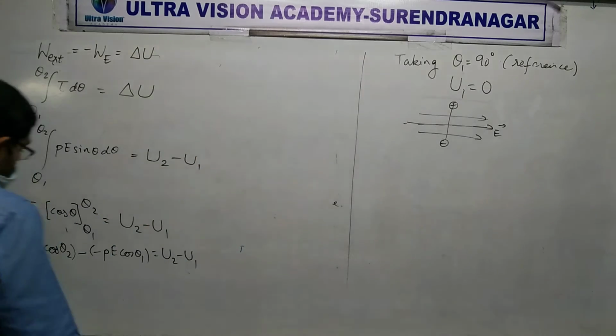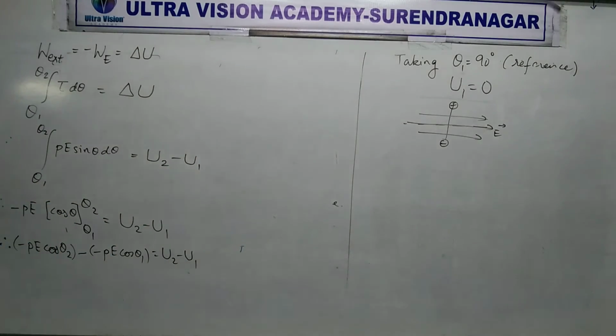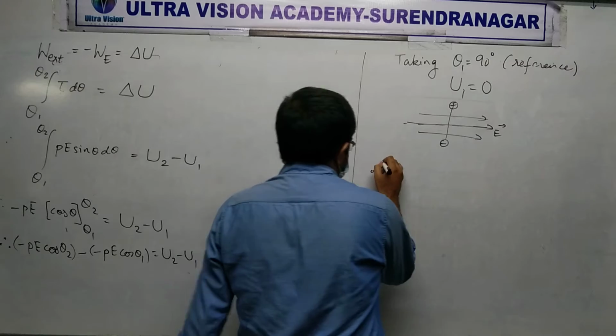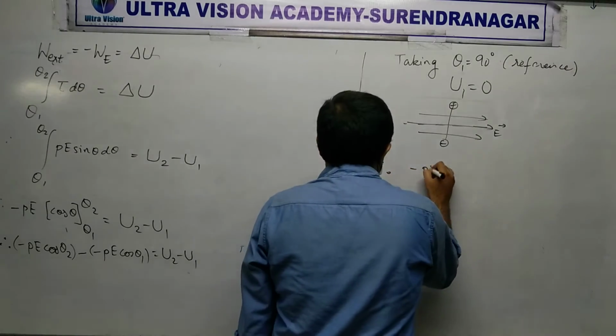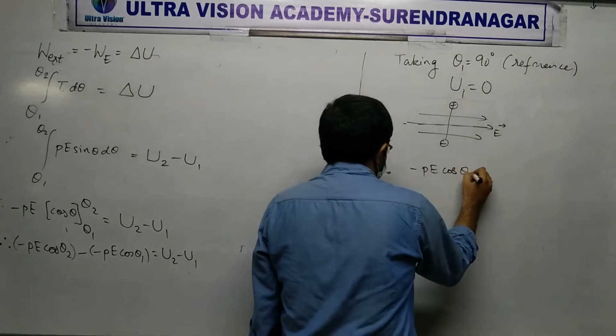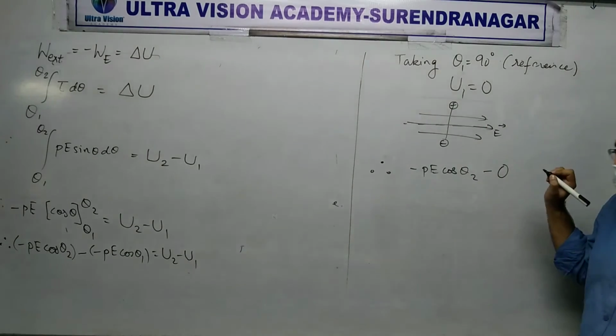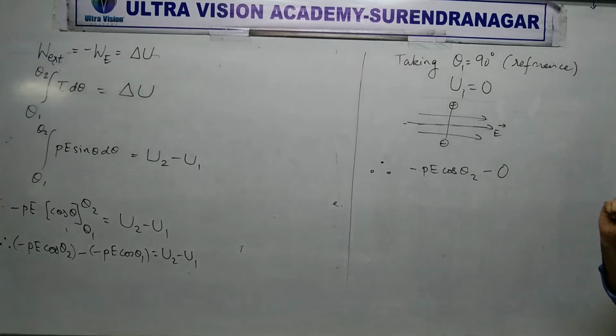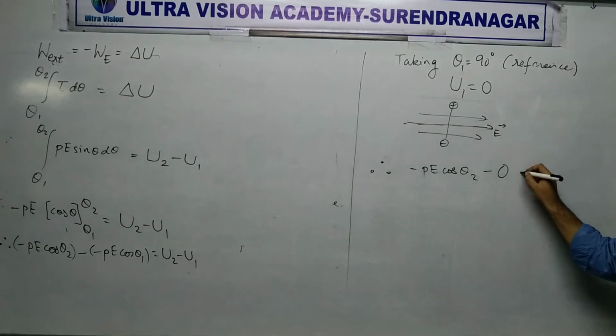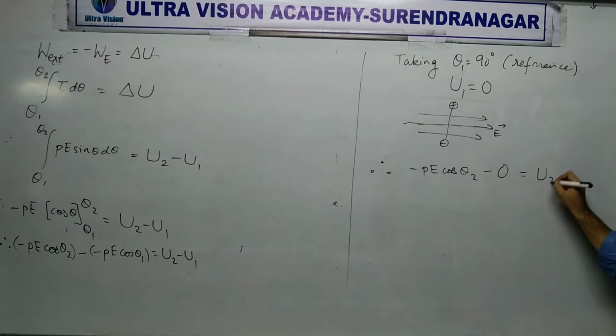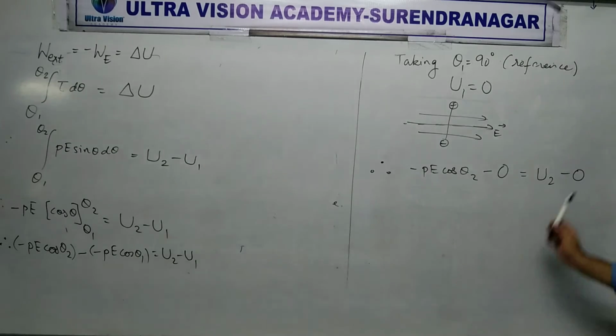Now if you put it here, minus PE cos theta 2 minus 0. Cos 90 is 0. It is equal to U2 minus 0. U1 is 0, we took it as reference.